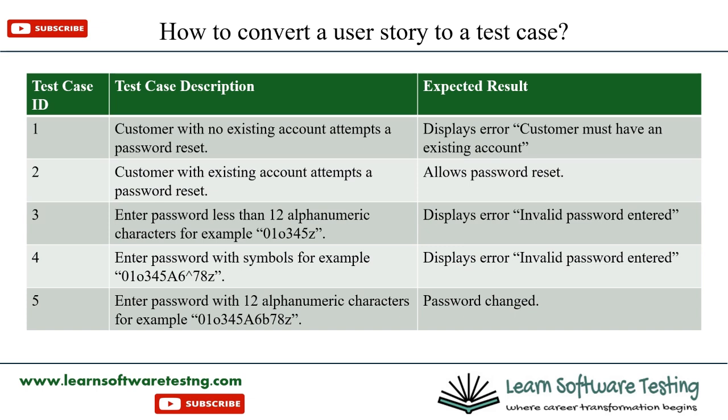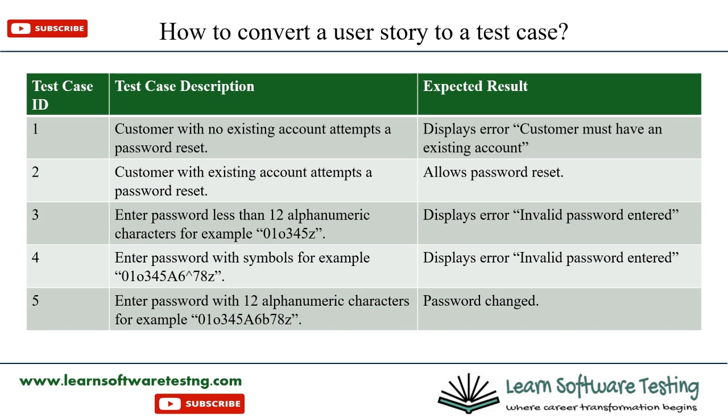So test case ID 4, enter a password with symbols, for example 010345A6, that's a caret symbol, then 78 and Z. Obviously this will also display an error as the expected result because of the symbol embedded in the password that is entered.